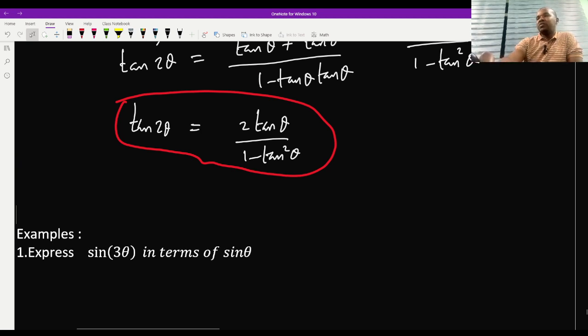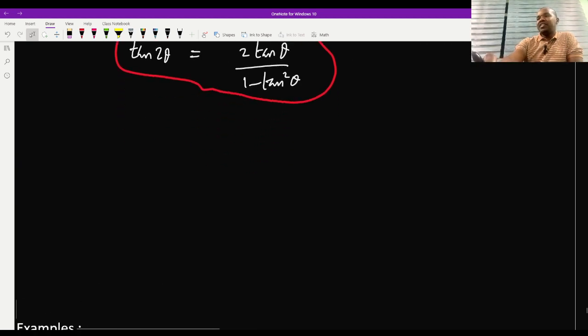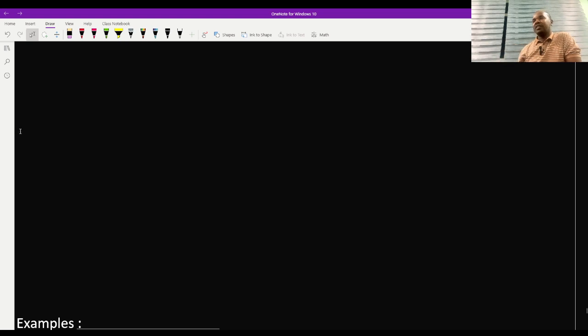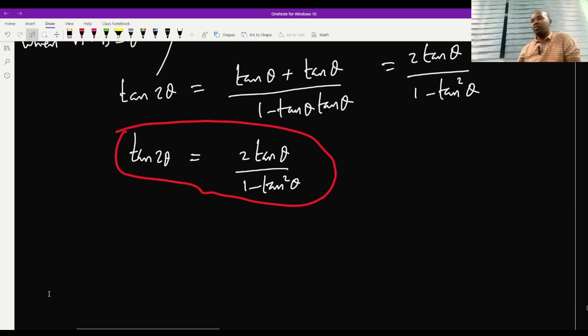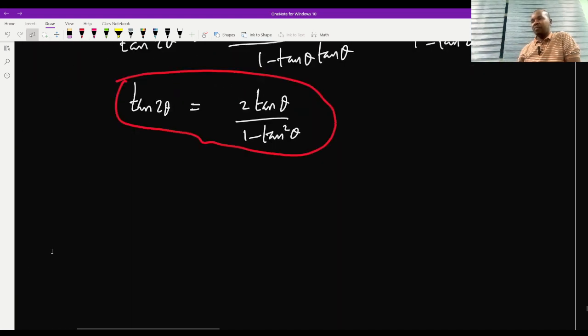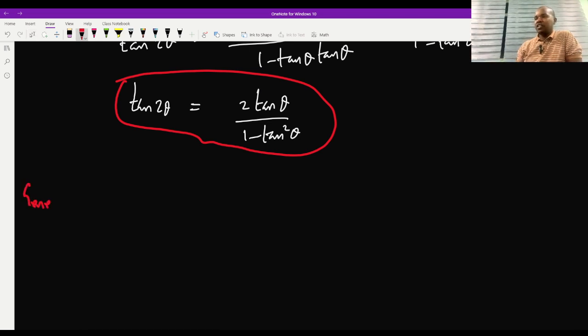Now, I want to give you a very general overview of these double angle formulas. An apology for my rough notes.